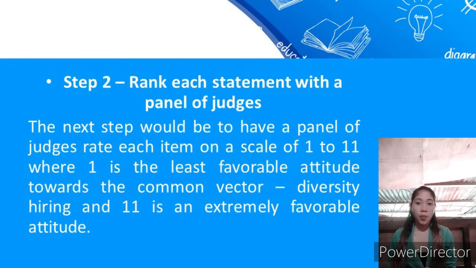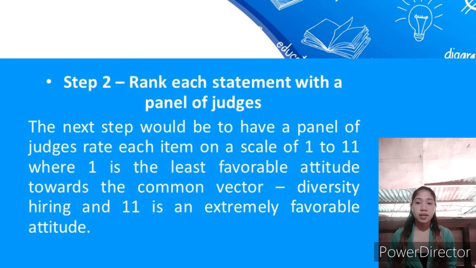Then the next step is to rank each statement with a panel of judges. This next step would be to have a panel of judges rate each item on a scale of 1 to 11, where 1 is the least favorable attitude towards the common factor, diversity hiring, and 11 is an extremely favorable attitude. It is important to note that the judges are required to rate each option and not agree or disagree with them.